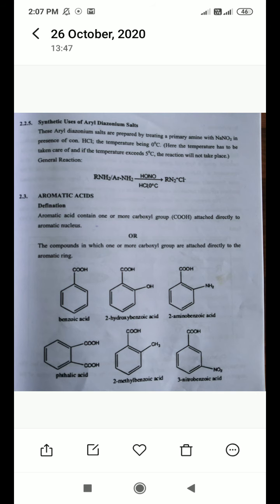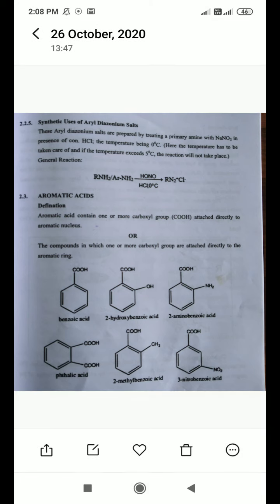Now, aromatic acids contain one or more carboxyl groups. A carboxyl group is COOH attached directly to the aromatic nucleus, or the compound in which one or more carboxyl groups are attached directly to the aromatic ring. Here are some different carboxylic acids.